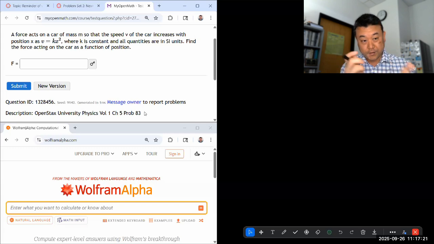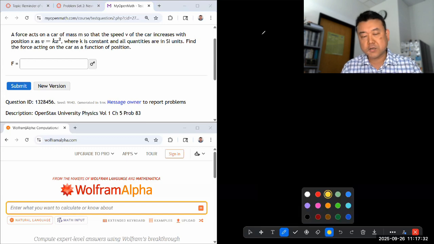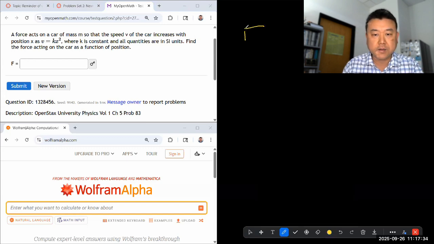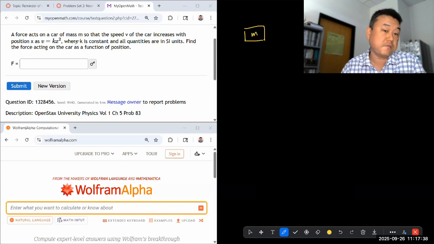So let me read this question and answer it. So it says, a force acts on a car of some mass. Okay, let me just start doodling. I'm just making sure that I understand what the question is saying. This is my car, represented as a box with some mass, so that the speed v of the car increases with the position x. Oh, interesting.